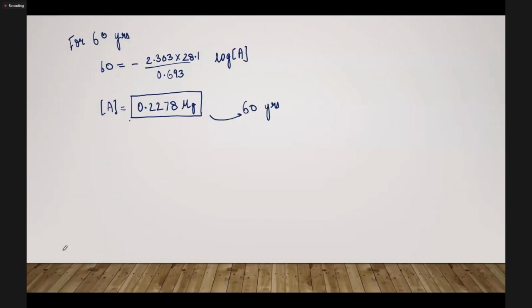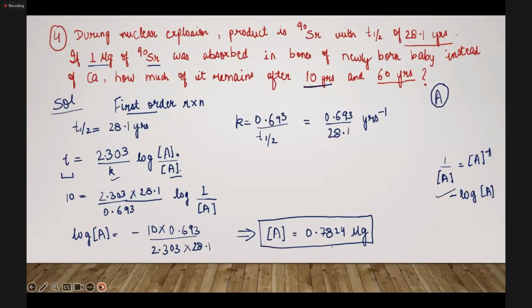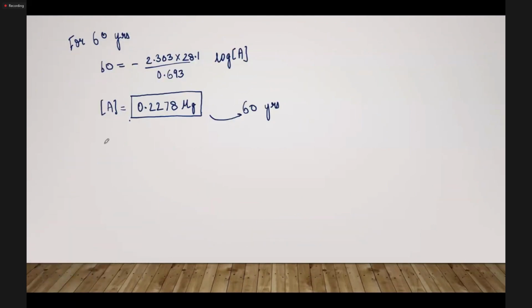Okay, so next question. Next question says that for a first order reaction, so okay, they have given you the order of the reaction. We need to show that the time required for 99% completion is twice the time which is required for the completion of 90% of the reaction.